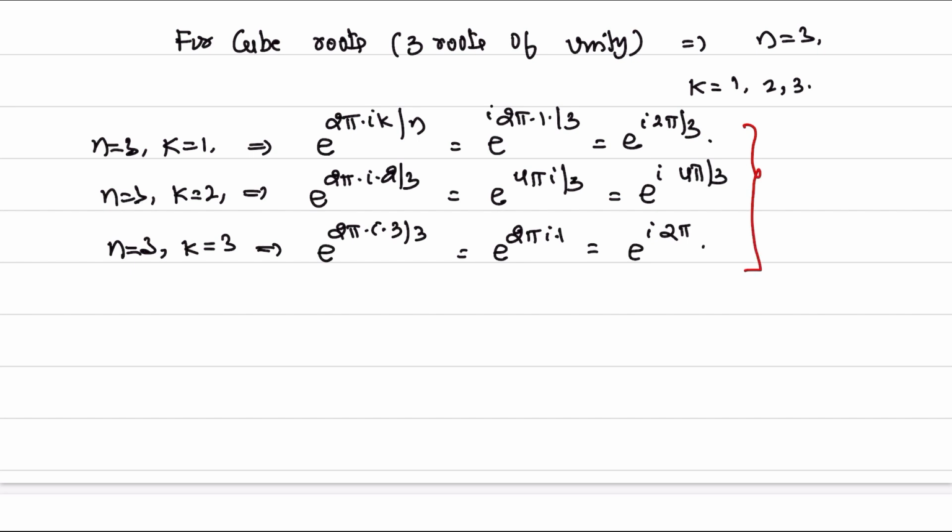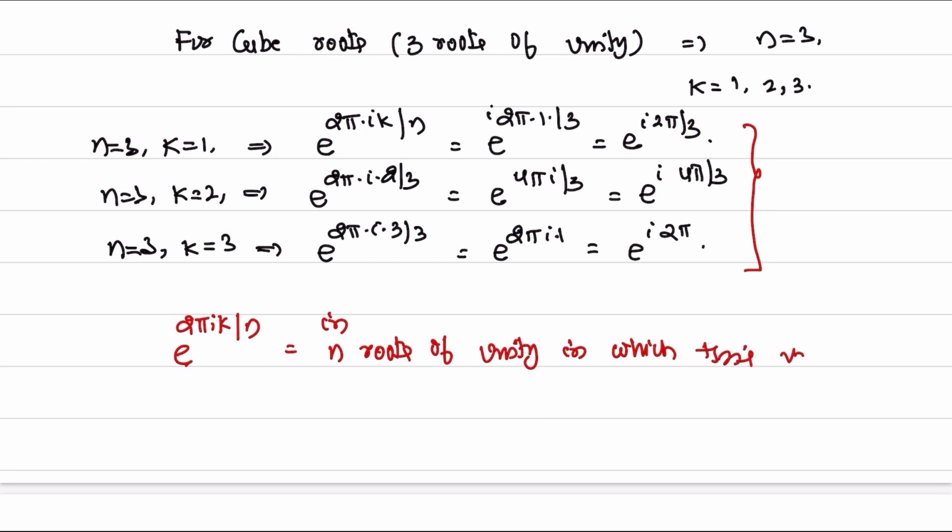Here, e to the power of 2 pi I k by n denotes n roots of unity, in which this value will be the kth root.